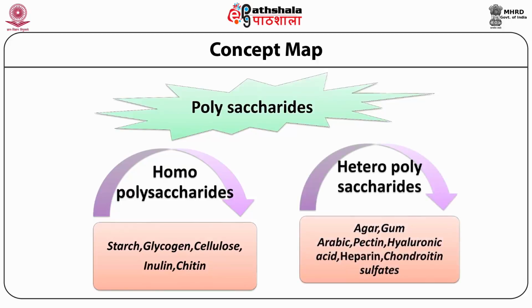In heteropolysaccharides, examples are agar, gum arabic, pectin, hyaluronic acid, heparin, chondroitin sulfates. You know that agar is highly used as a solidifying agent in the preparation of bacteriological medium. It is a heteropolymer.